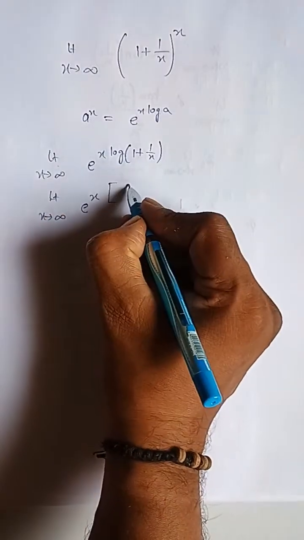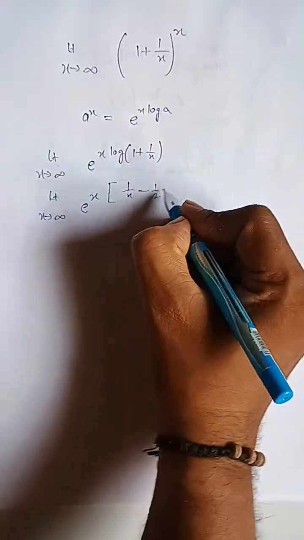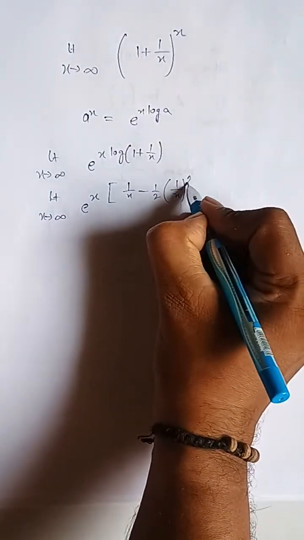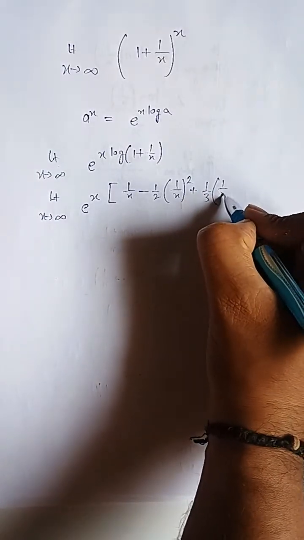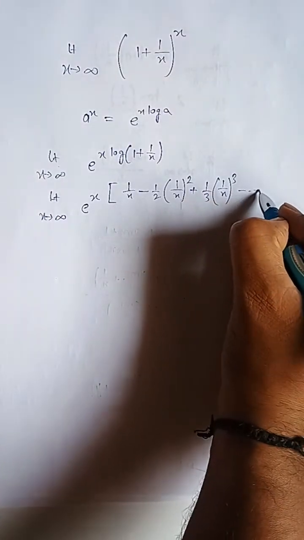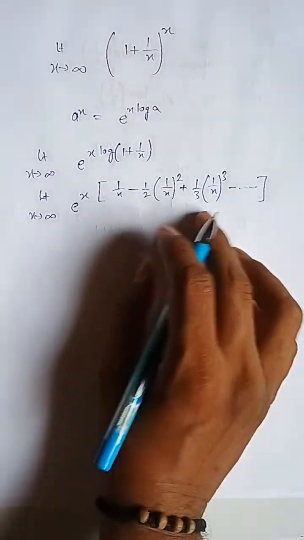So this is 1 by x minus 1 by 2 (1 by x) whole square plus 1 by 3 (1 by x) cube minus, and so on, dot dot dot.